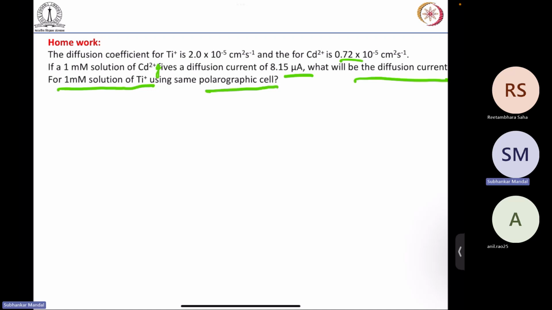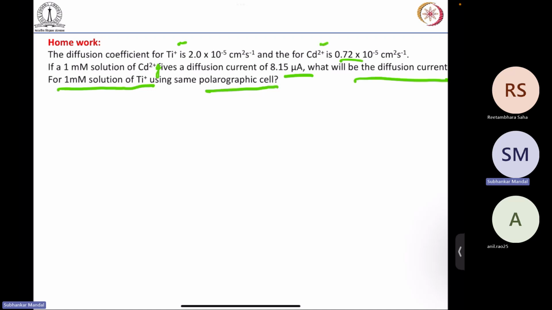So you people can do this homework. Both have been given the diffusion coefficient. Now I can give some hints: this one is a one electron process, and this will be a two electron process.